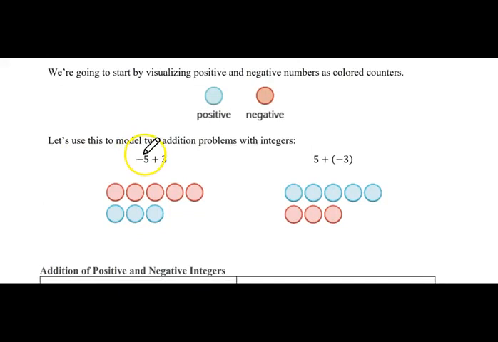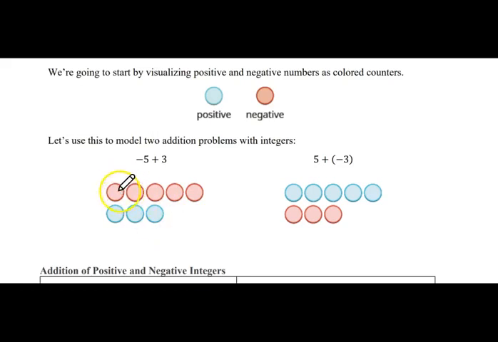The first one, we will add -5 and a +3. So if you look at the -5 plus 3, you have 5 red circles representing your number -5. You have 3 blue circles representing positive 3.